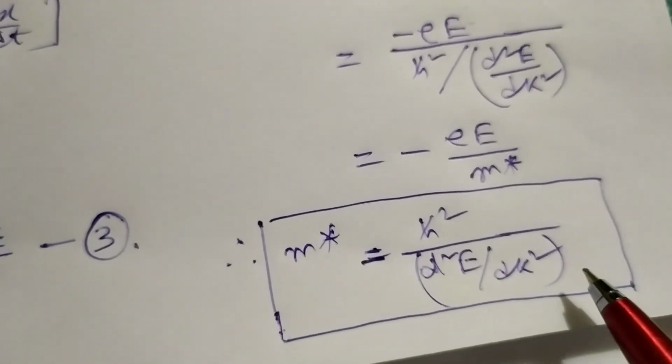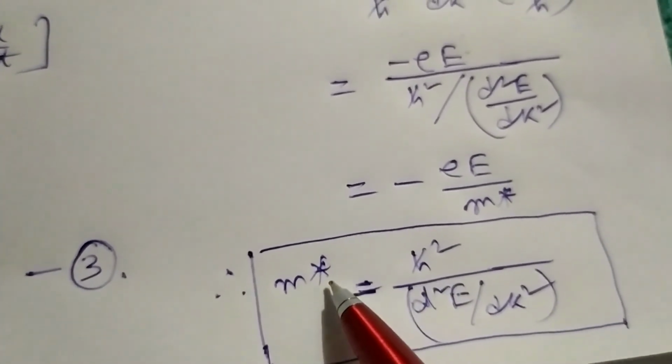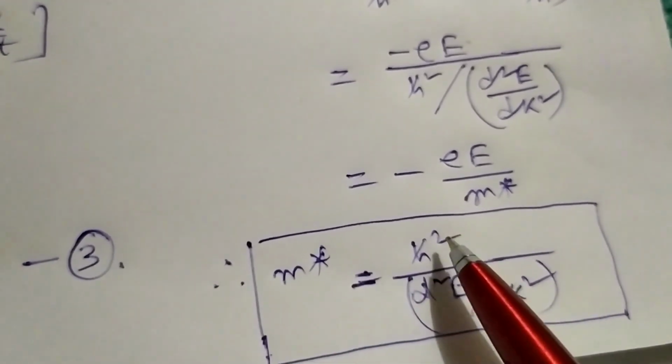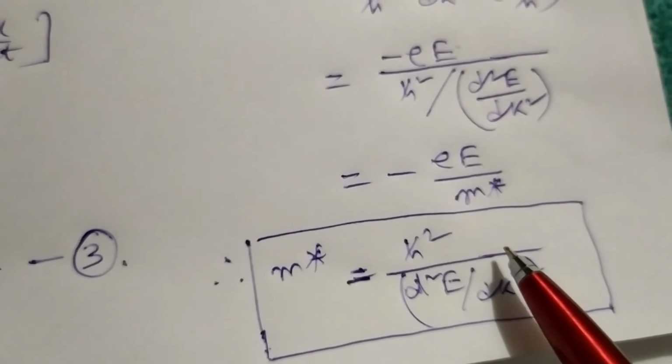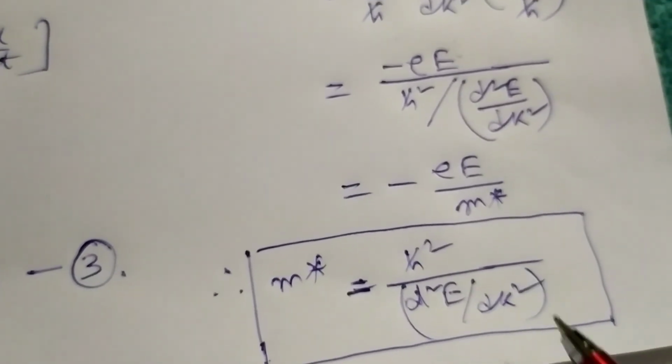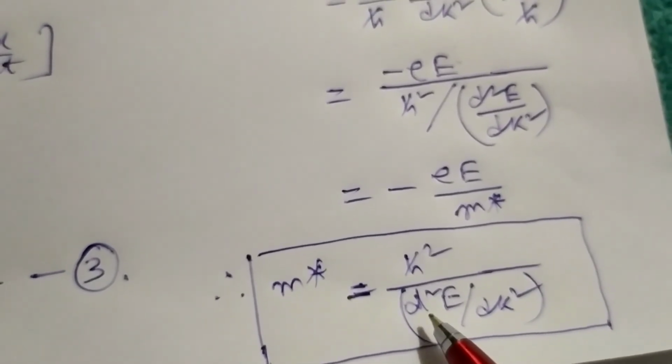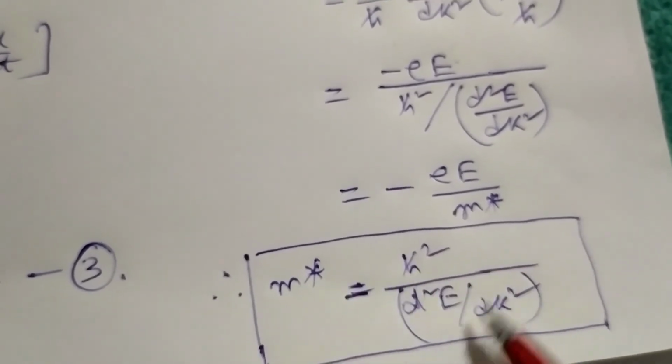So in the next class we will find the nature of m star, when it becomes positive and when it becomes negative, along with the discussion of the graphical presentation.